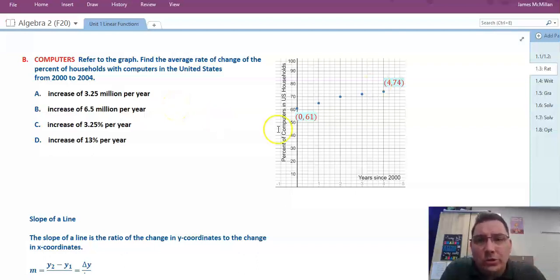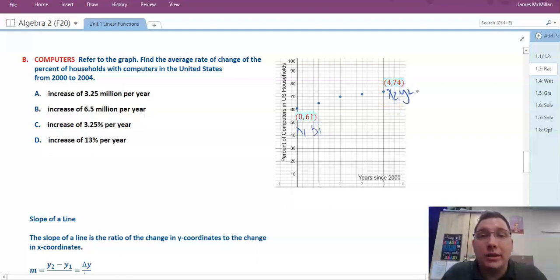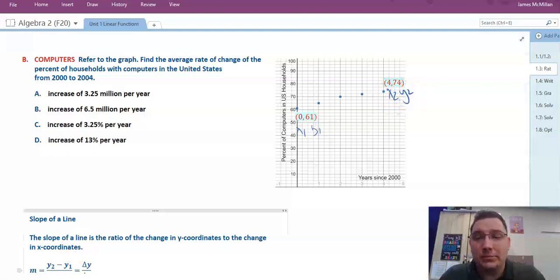And so we're going to, again, plug this in. And again, I would recommend using x sub 1 as the smaller year value. So that'll be our 0. And our y sub 1 will be the 61. And this will be our x sub 2 and y sub 2. And so we'll plug that into the slope formula.